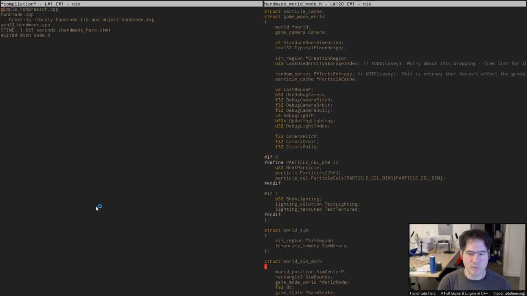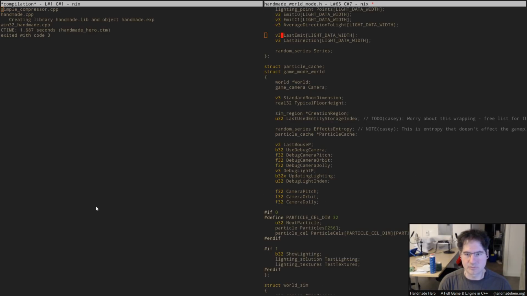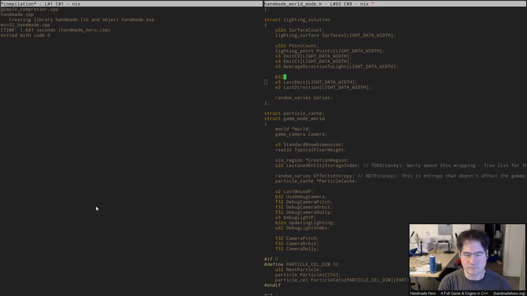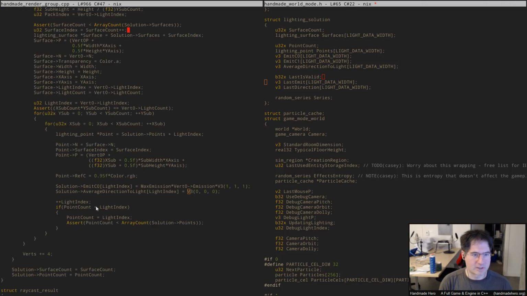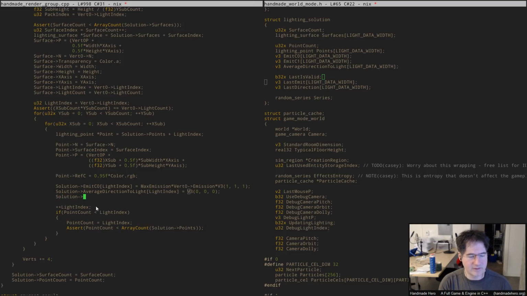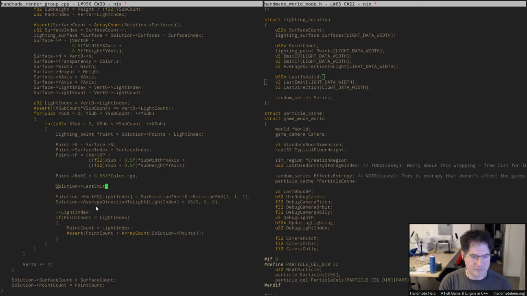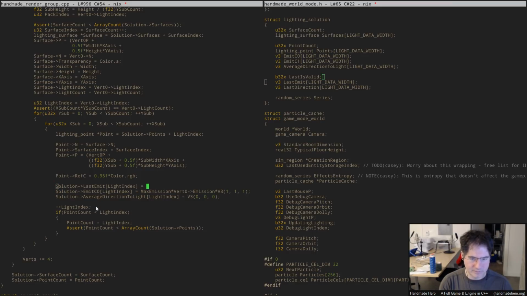And then when I start, I want to save into there whatever those were, right? So I'll say last is valid. I'll come into the render group. The first time through, obviously, it's not valid, so we'll deal with that in a second. But my last emit, I'm going to take here before I overwrite.